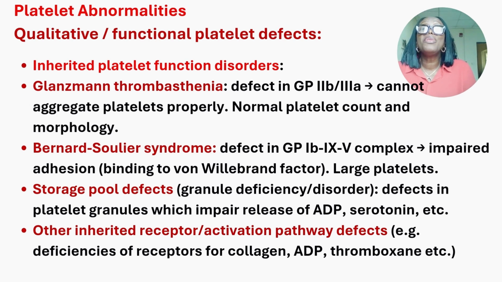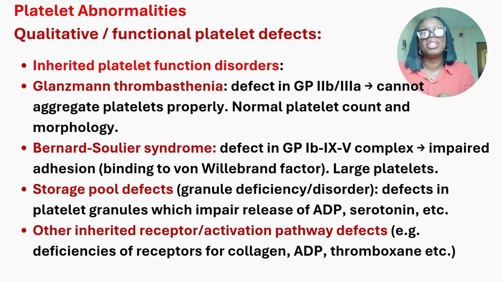So if an individual has a defect as a result of a mutation in this receptor, glycoprotein 2B3A, then the platelets cannot aggregate. If platelets do not aggregate, the individual won't be able to form a platelet plug, and as such the person will have bleeding tendencies or a bleeding disorder.